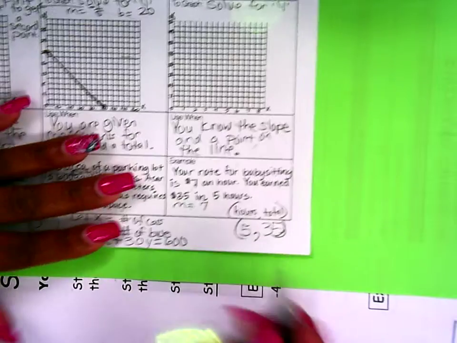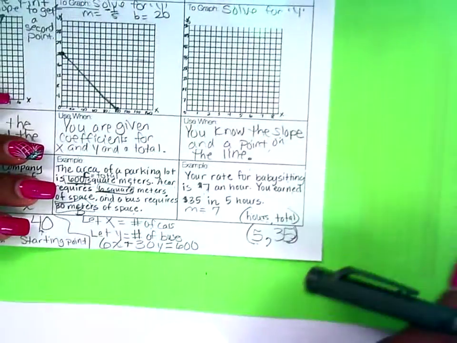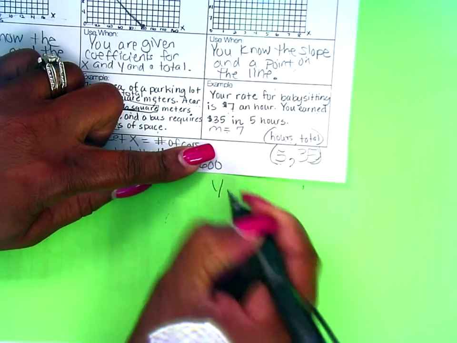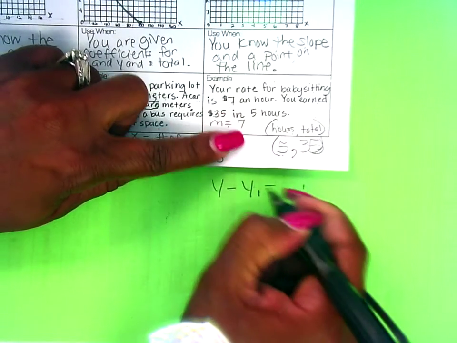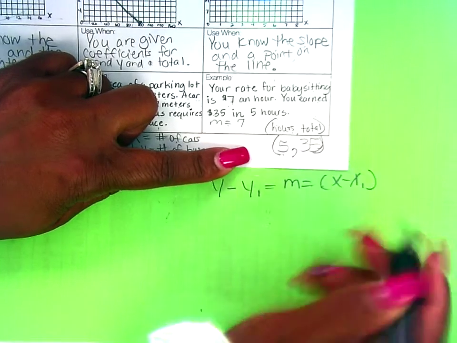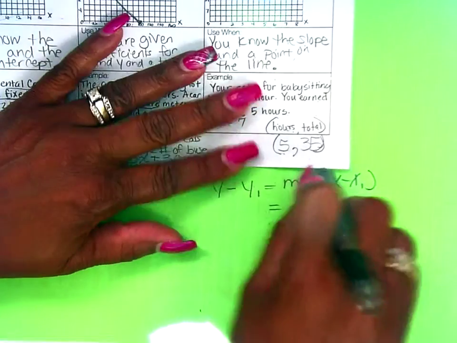So our equation is y minus y1 equals m times x minus x1. Here we know that the slope is $7. Y'all see how I put those two equals there?